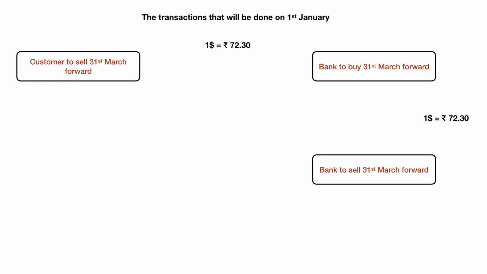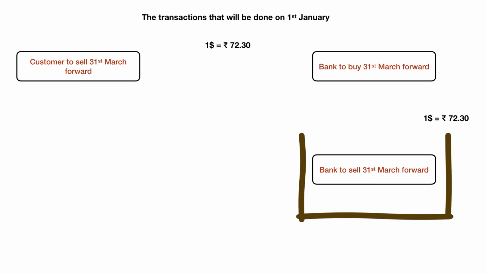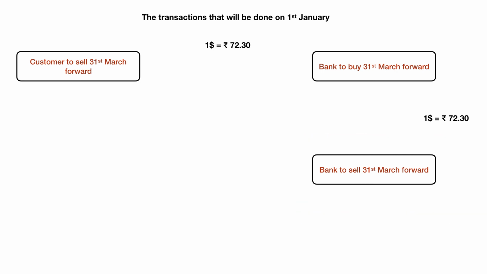Number 2, now to offset the above transaction, the bank will enter into a forward sale contract for 31st March at 72.30. Okay, now that we have seen what happens on 1st Jan, let us see what happens on 1st Feb when the customer comes to the bank for the early cancellation.